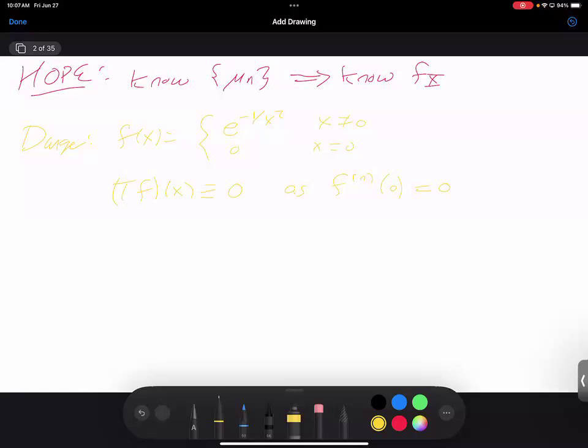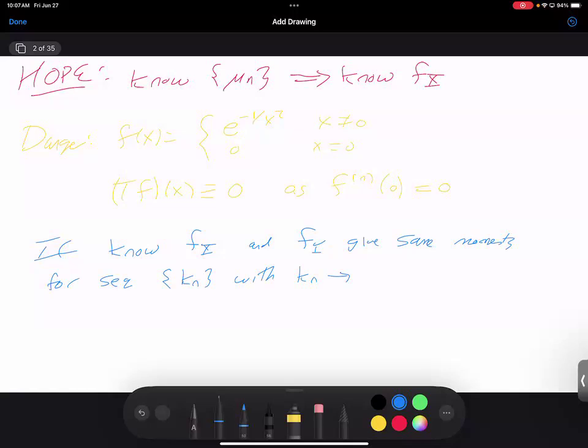So basically, if f_x and f_y give the same moments for a sequence, say k_n, with k_n converging to some finite k, then basically they're the same. That's the result we really need from complex analysis.